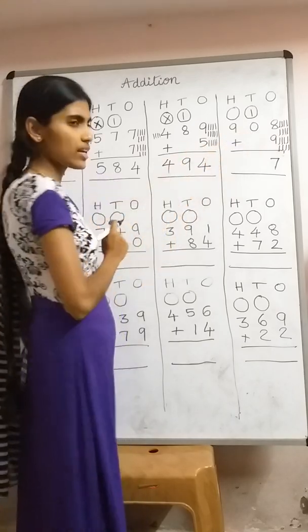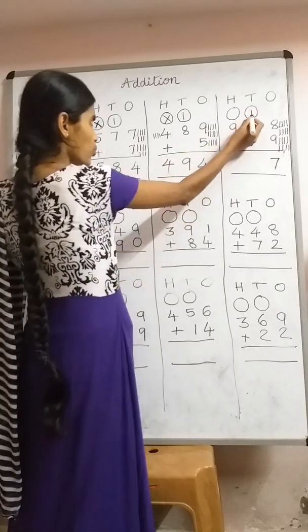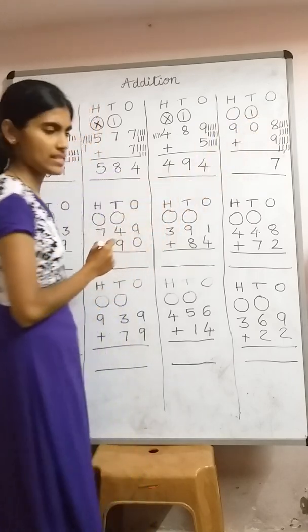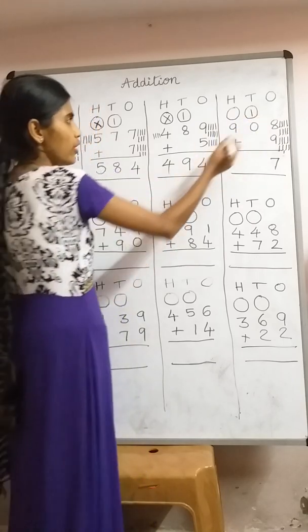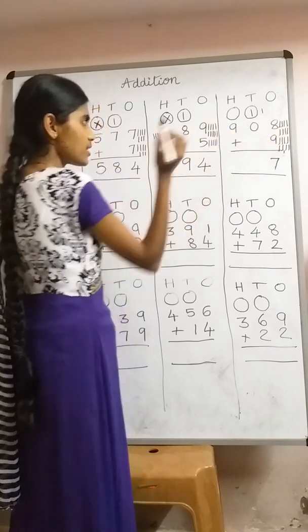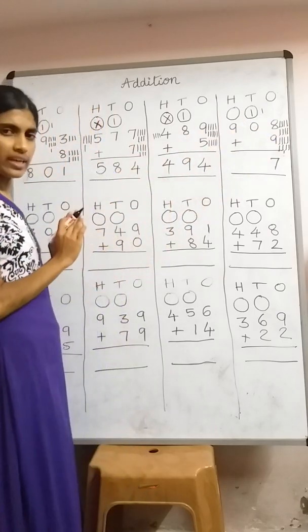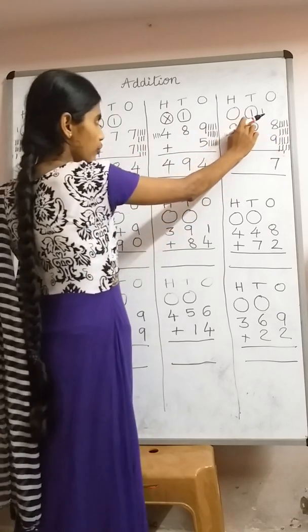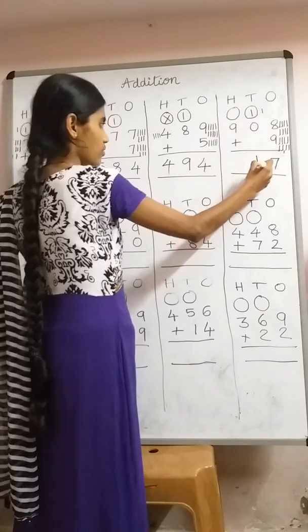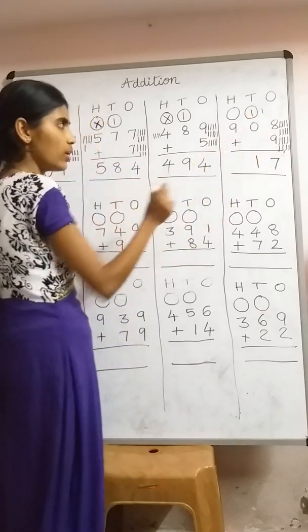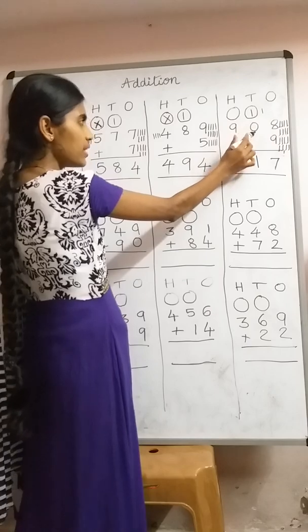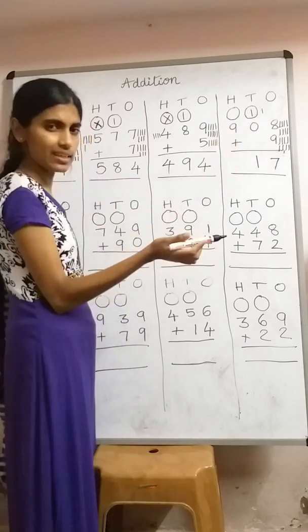So what numbers can you see in the tens place? There is 1 in the circle and 0. So draw 1 line, and 0 means do not draw any lines. So if you have 1, your answer will be only 1. Okay, if you had any number here, then you could have added that number.